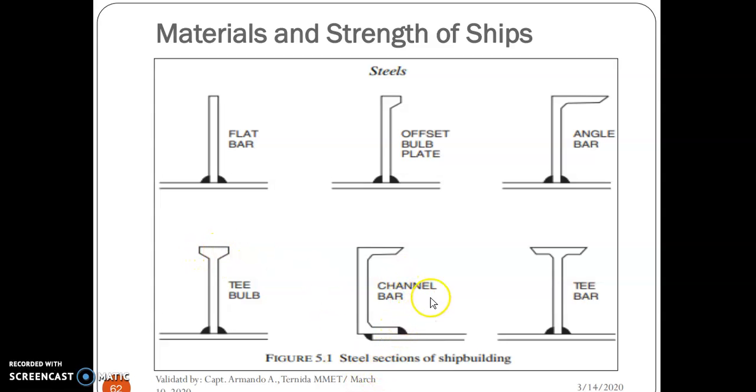And the channel bar, which is madaling tandaan, channel, letter C, channel bar. And another, the T-bar here. The difference of T-bar to the T-bulb is the wings are shorter, so mas malapad pag T-bar.